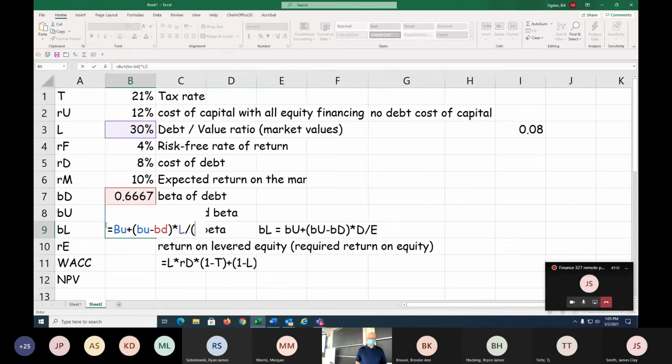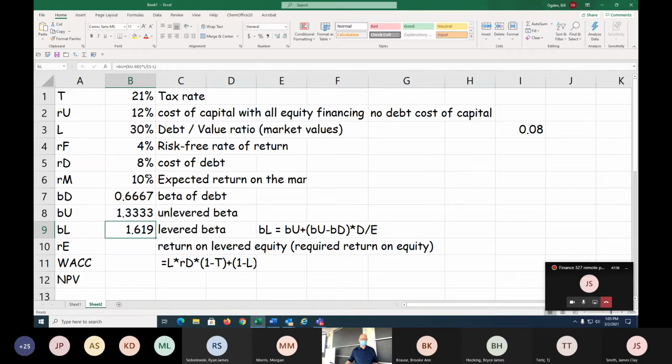So if debt is 30%, equity must be 1 minus 30 or 1 minus L. Okay, there we go. Again, these name ranges are indifferent to caps or small upper or lowercase, doesn't matter. Okay, so let's see what we get. We get 1.1619.